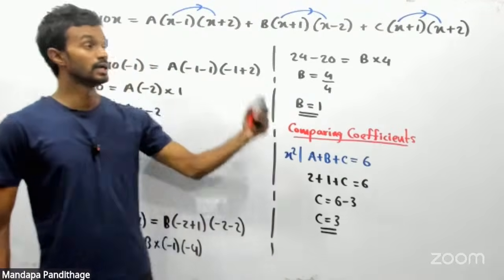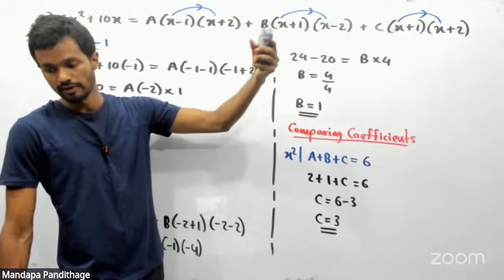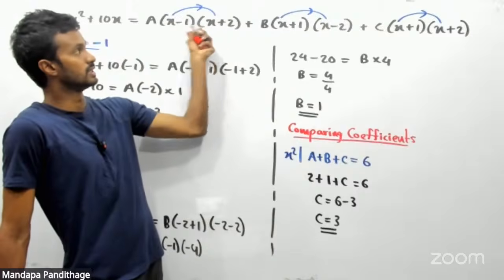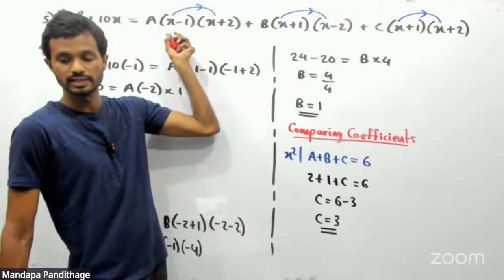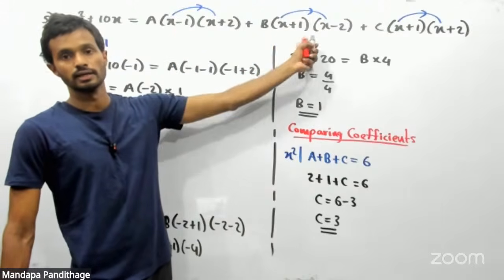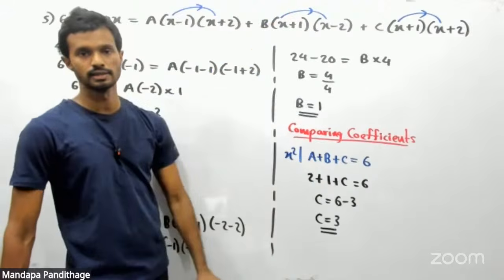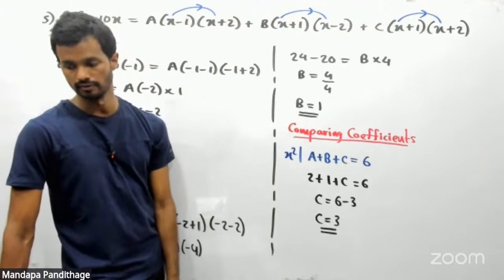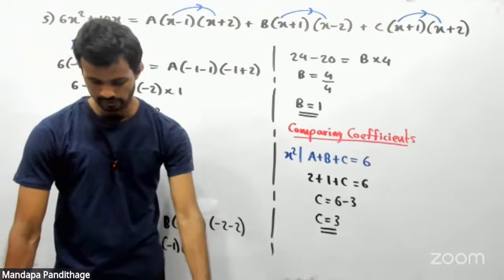But even in that method, don't simplify this, don't expand this, because you can easily find the coefficient of x squared here. You only get x squared by multiplying these two, so the coefficient is a. Here you only get x squared when you multiply these two, so the coefficient is b. That is c. And then you can find the third one. Clear?